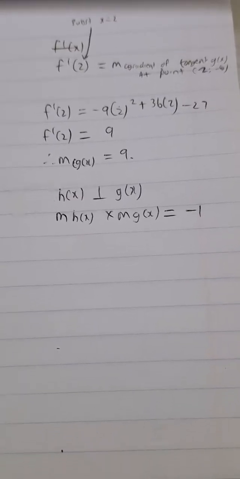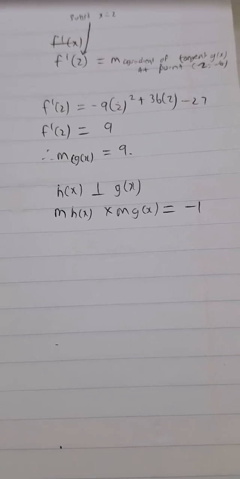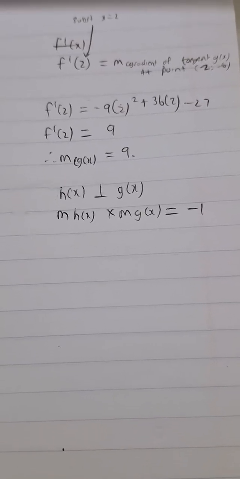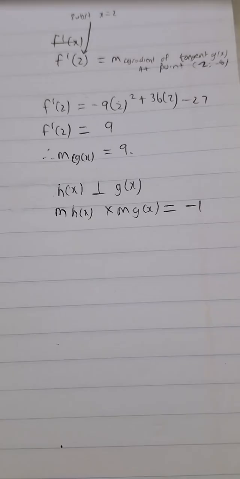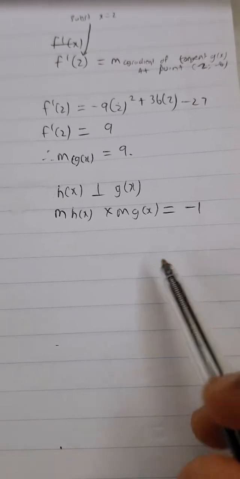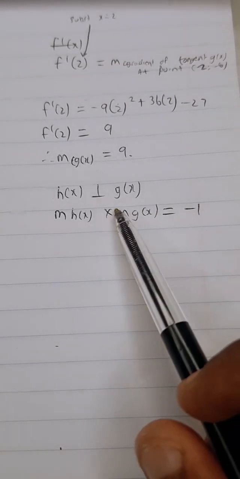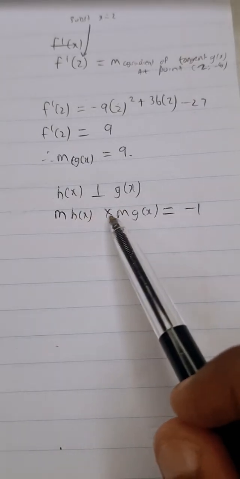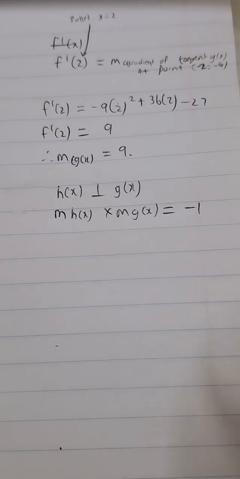You then solidified the concept when you did analytical geometry in grade 10, and it was revised again in grade 11. So as a grade 12 learner, you should know that the product, meaning the multiplication of the gradients of perpendicular lines, should definitely give you negative 1.